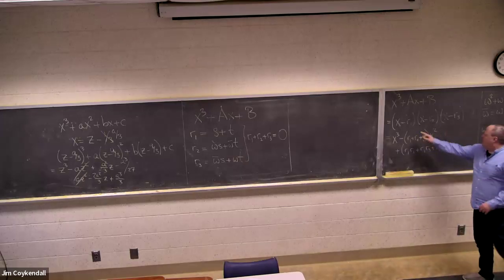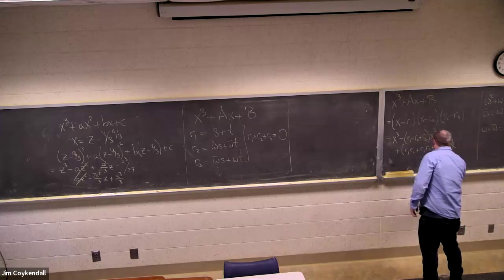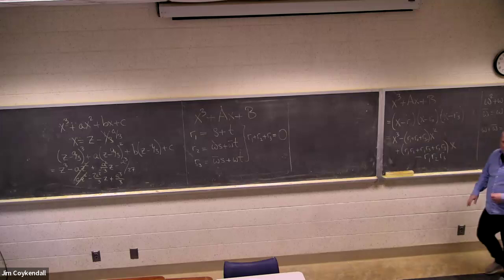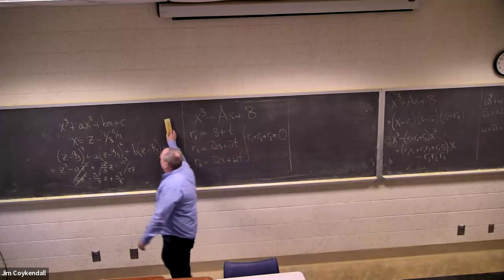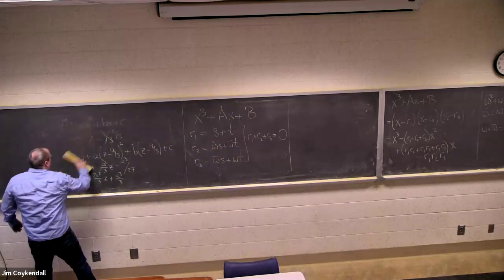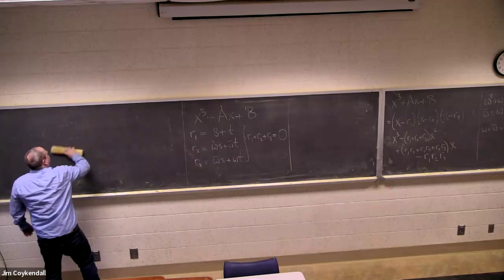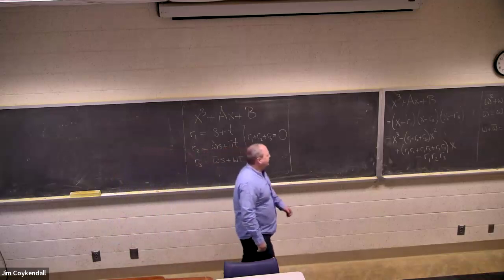And finally, the constant term should just be the product of these. So far, so good. Now, this is where it starts to look depressing, but remember, you must always have faith in the math, because it will take care of you.